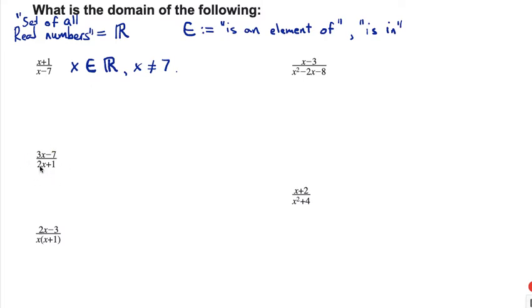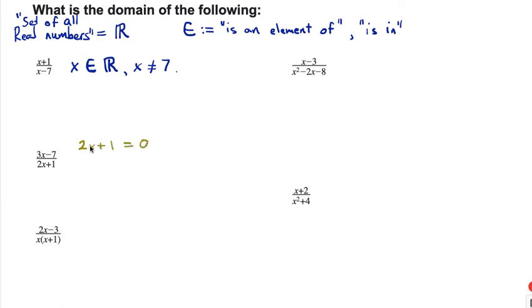Okay, so a little bit of calculation here to make. We're looking for the denominator to be equal to 0 here. So how do we find x? Let's solve this expression for x first. Let's look at 2x plus 1, and we're looking for this to be equal to 0.